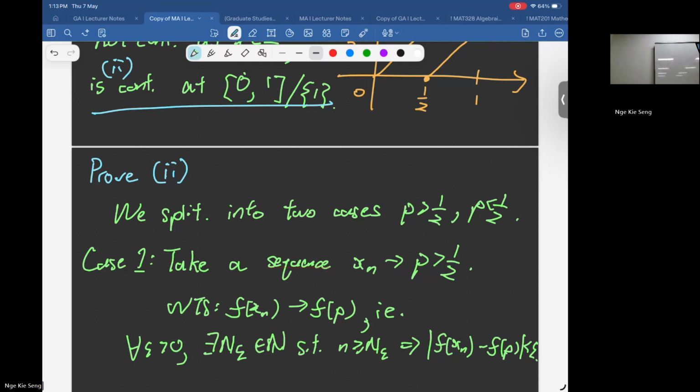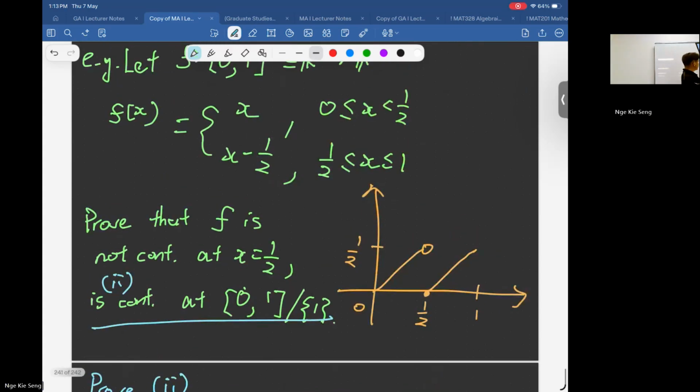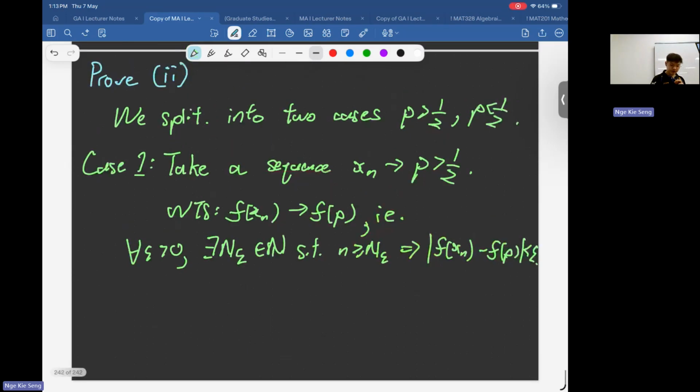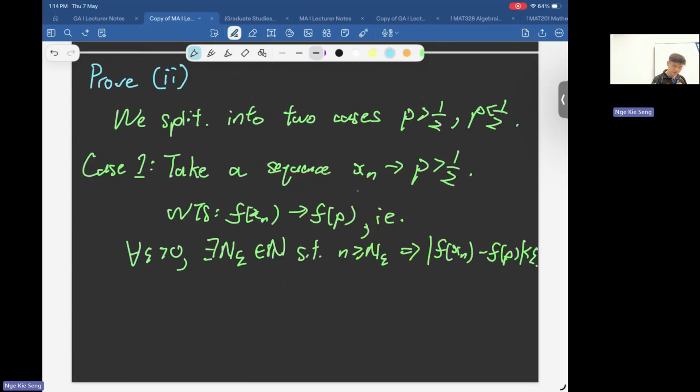Is it one? So when p is greater than half, it is p minus half. So you can slowly unravel what these are. By definition, this is p minus half. So in this case, you can replace this with the absolute value of f(xn) minus (p minus half). Okay, so far so good.